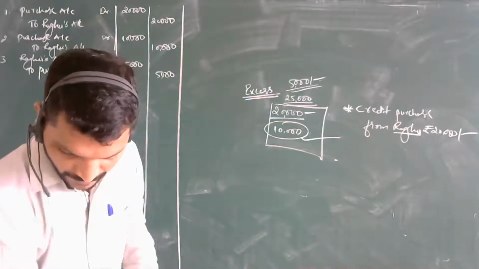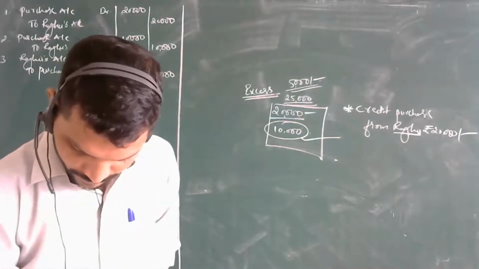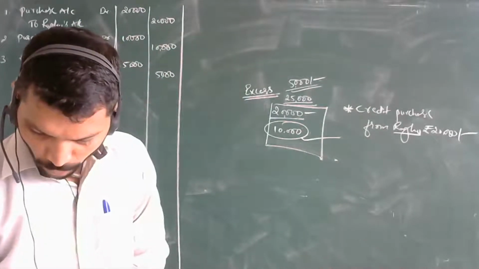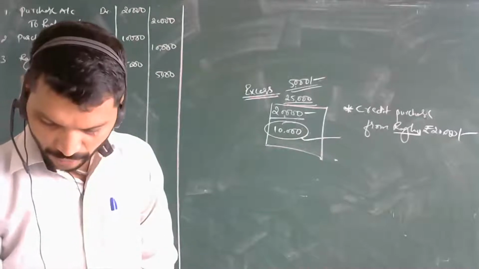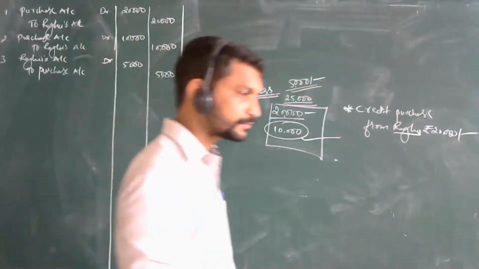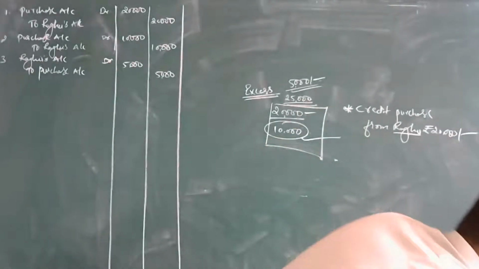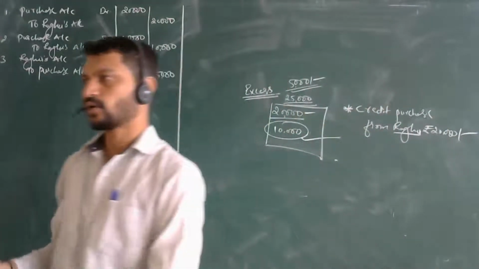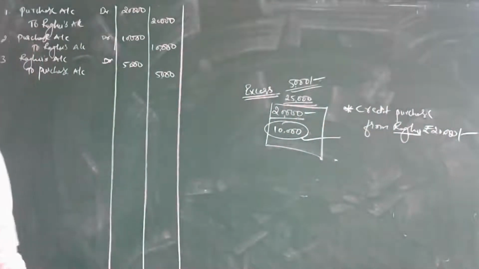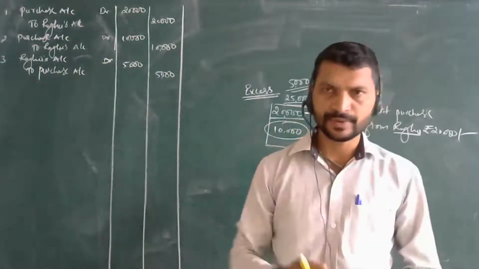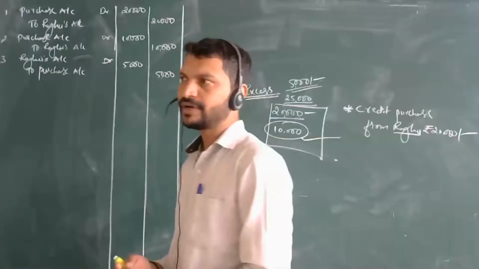Then the next one, the fourth one, what has been told? Not posted to his account. Now, not posted means what kind of error do we get? When the amount is not posted to his account, it means the journal entry has taken place, but in the account it is not posted.